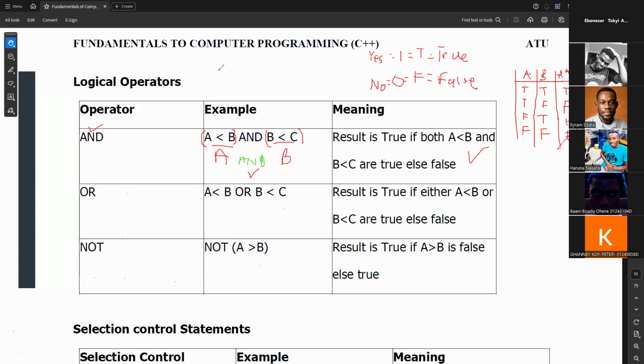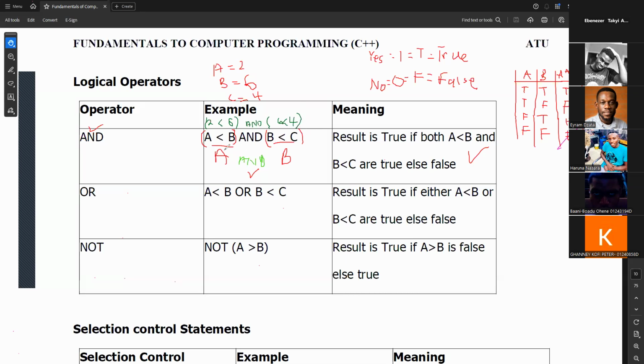So if we assume that A is equal to 2, B is equal to 6, and C is equal to 4, and we come into our equation, we are going to get 2 is less than 6, and 6, which is B, is less than 4.